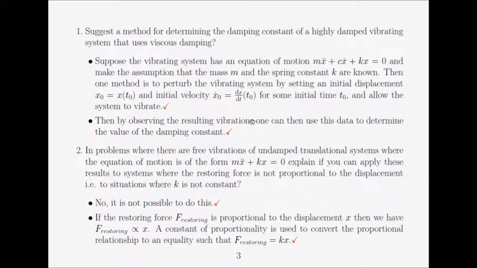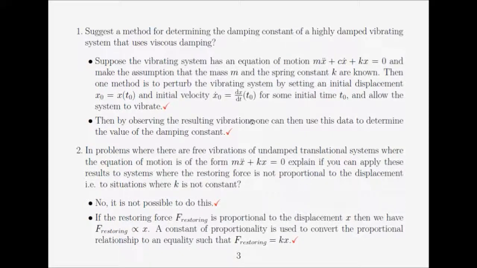With this equation of motion, we assume the mass and the spring are known, and the question is how we would work out c. We know m, we know k, and we need to find a way to work out c.